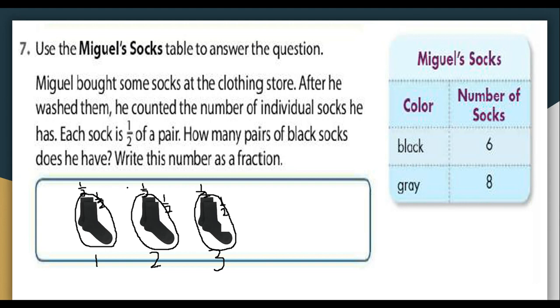So if we look, we have split our pairs into halves. How many halves do we have? We know we have 3 pairs, but how many halves do we have? I didn't count them.